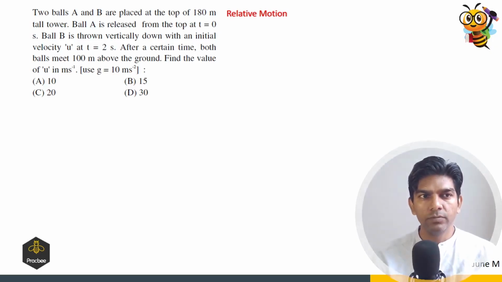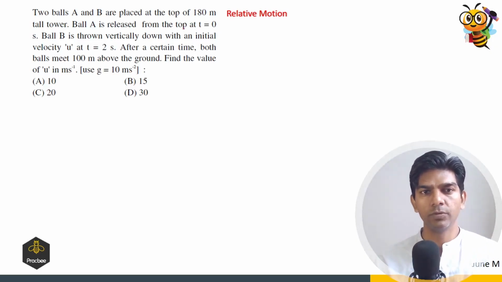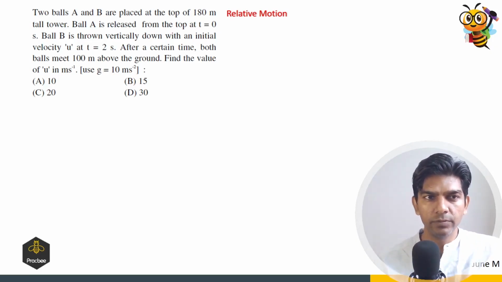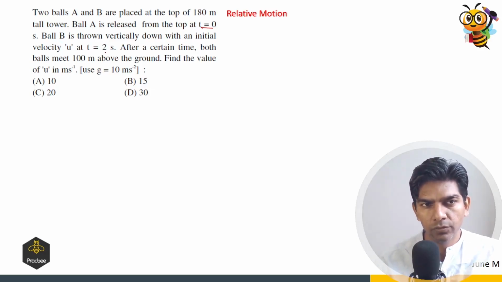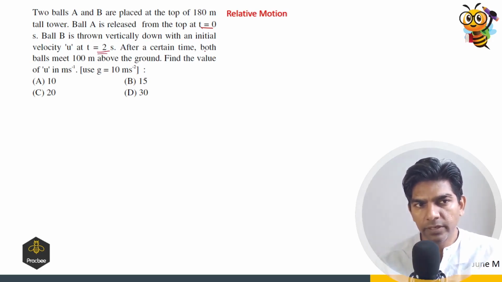Let us take this question. Two balls A and B are placed at the top of a 180 meter tall tower. Ball A is released from the top at t equals to 0, and ball B is thrown vertically down with an initial velocity of u at 2 seconds. After a certain time, both the balls meet 100 meters above the ground. Find the value of u.